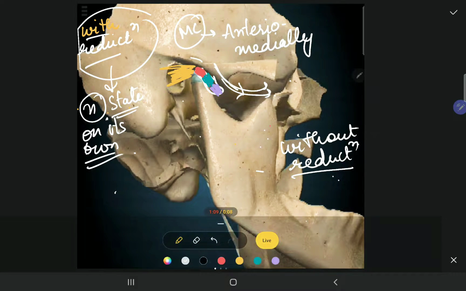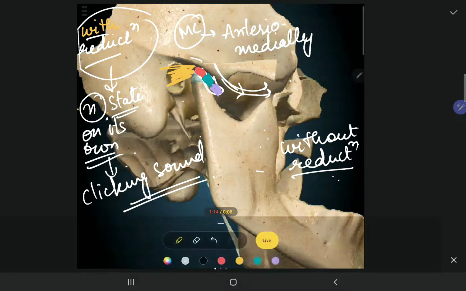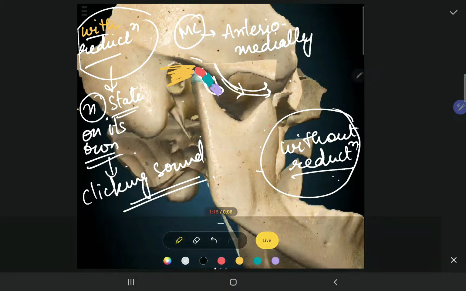When the disc comes back to its original position, there is a sound, a tuck sound like that. So this sound is the clicking sound. So the person will have the clicking sound in case of the disc displacement with reduction, and the muscle pain also. Without reduction is when the disc is not coming back to its original position.